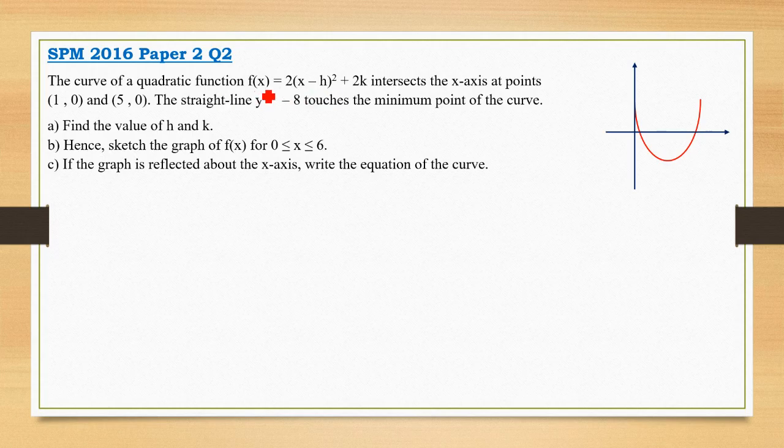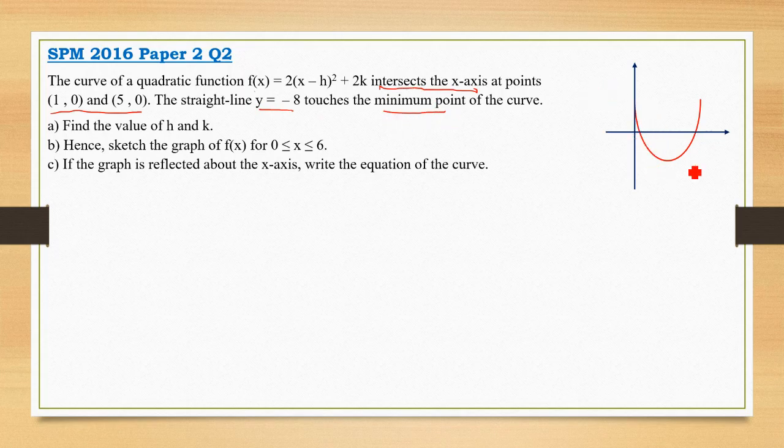Look at the quadratic function here and the words given here. It intersects the x-axis at these two points. And another very important word: the line y equals -h touches the minimum. The word minimum is very important.